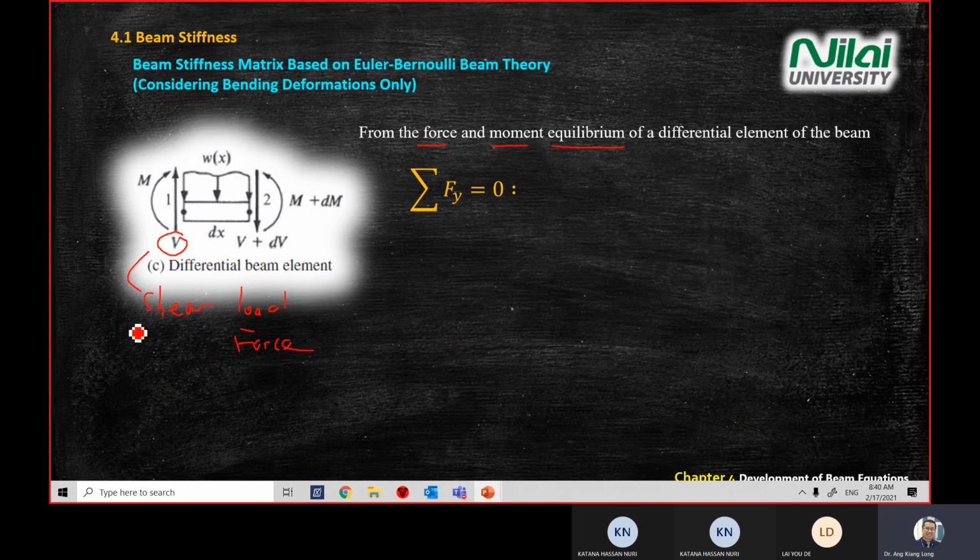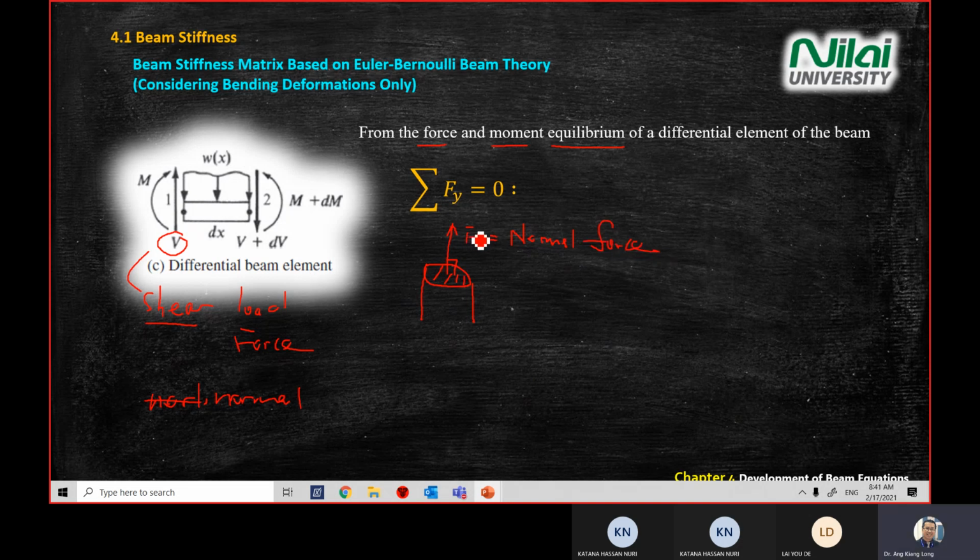Again, recall what is the name shear and normal load that we defined previously. Let's say you have a cross-section area. If you have a force that is 90° to the area, this case is normal force.